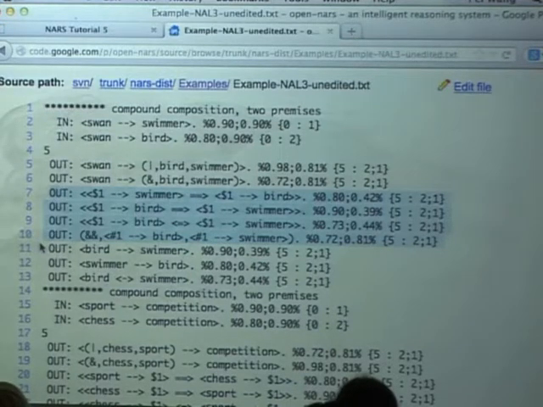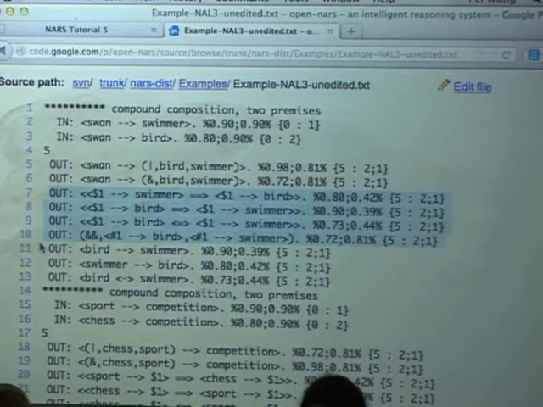But after a while, the control mechanism will decide which of the conclusions will actually be remembered by the system for a long time. So for example, after a while, if for some reason only this one turned out to be useful, and this one later becomes confusing because for a certain problem, extensional information and intensional information must be separated, then this one will become a low priority thing.